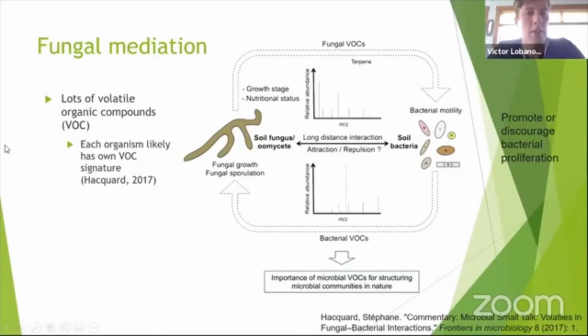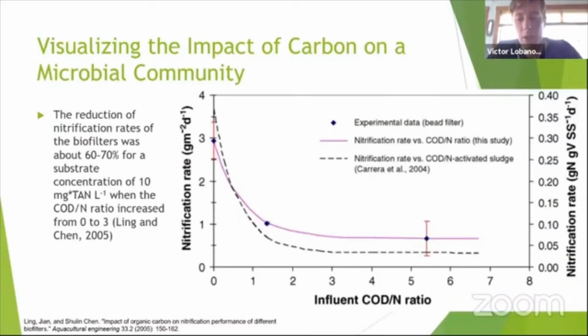They produce volatile organic carbons, which are like signaling molecules, and they can promote or discourage bacterial proliferation. We'll talk about that more, but as far as carbon cycling goes, they are extremely important, and we really don't have a clear idea of how present they are, and the extent in aquaponics or hydroponics that they're controlling things.